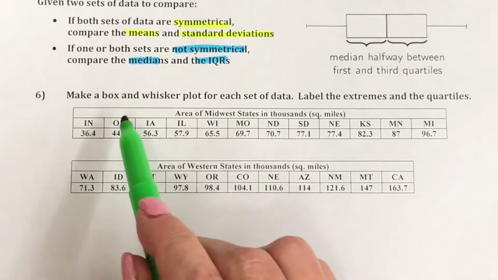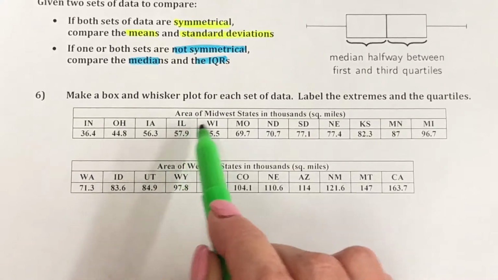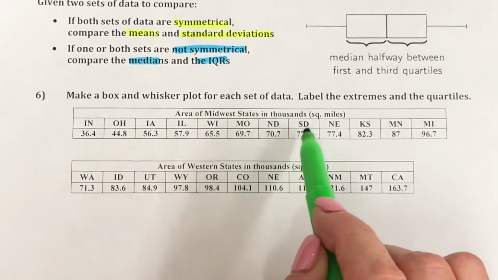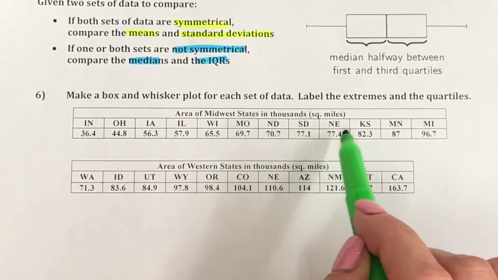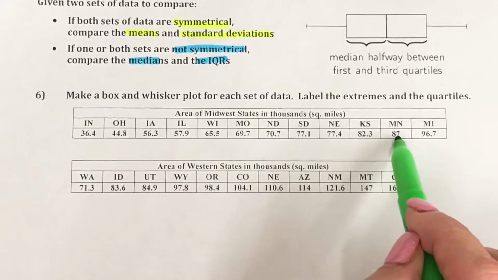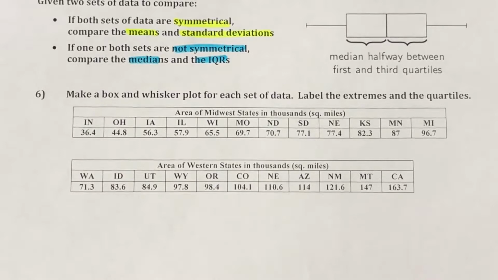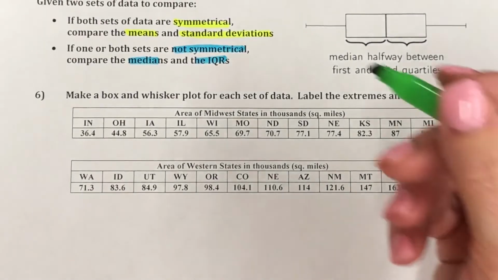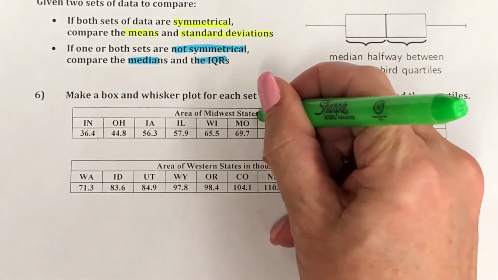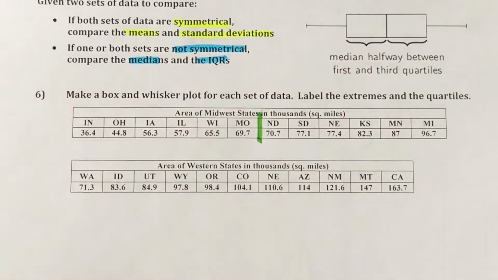So we have Indiana, Ohio, Iowa, Illinois, Wisconsin, Missouri, North Dakota, South Dakota, Nebraska, Kansas, Minnesota, and Michigan. So those are the areas of each one of those states. And we're going to do a box and whisker plot for them. So we saw there was 12. So our median is going to be right between Missouri and North Dakota.